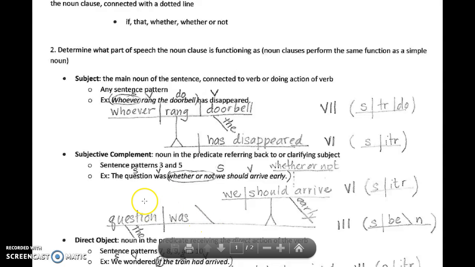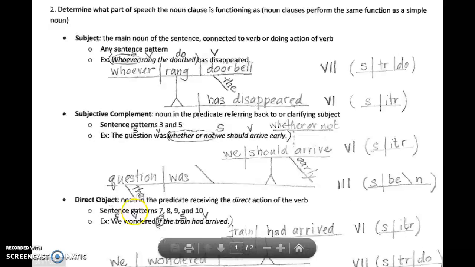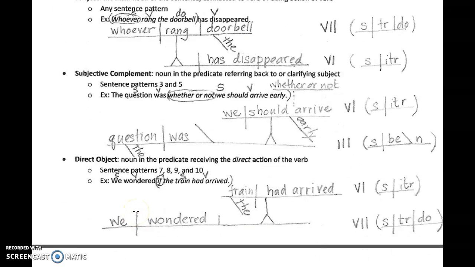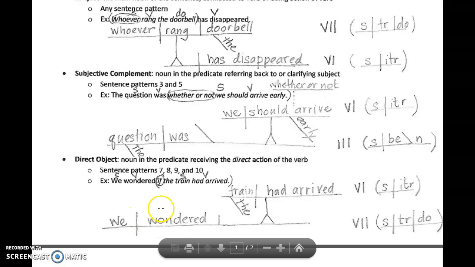So there's that backslash pointing back to the subject. So we have subject and verb in the sentence, and then we have the question was what. So up on a pedestal, again, referring back to clarifying the idea of question. It can be a direct object, so it's receiving the direct action of the verb. We wondered what. We wondered this whole thing: if the train had arrived.